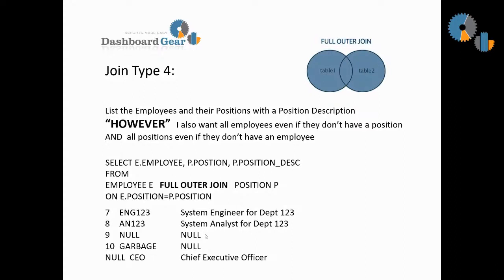Now, there are other join types that are out there. You'll see some of the database providers provide some different terminology around other joins that are specific to them as well. But I'm not going to get into those cases because these 4 join types are really the key to what you need to be successful with that.